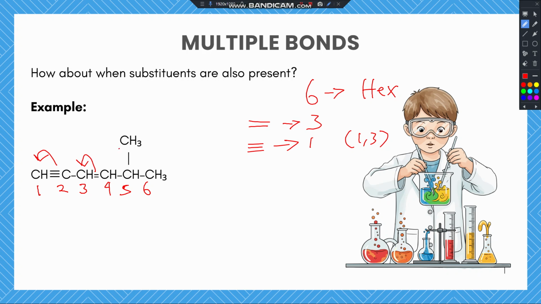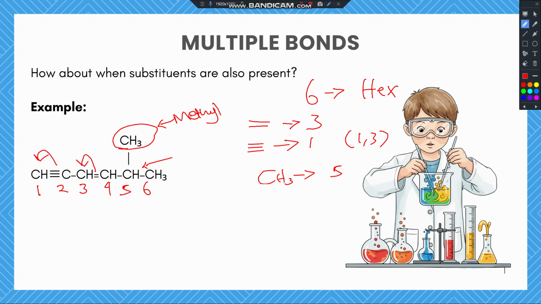Now the next thing to do would be to handle the branch, which is the substituent. The substituent is methyl CH3. Now CH3, which is the methyl substituent, is located on carbon number 5. So when we want to name this compound, we bring everything together.